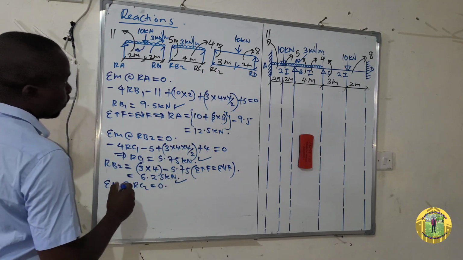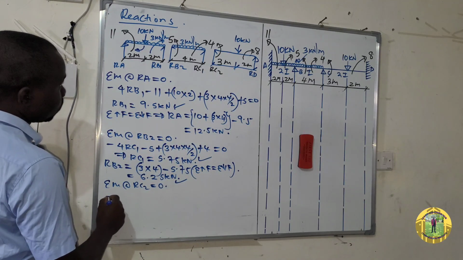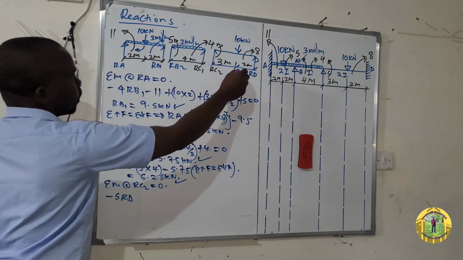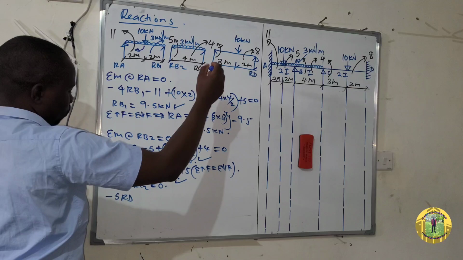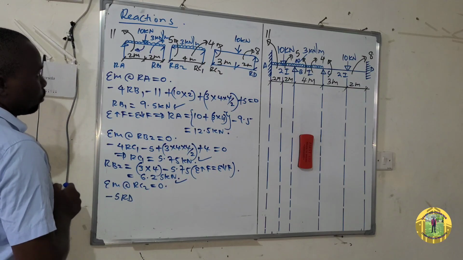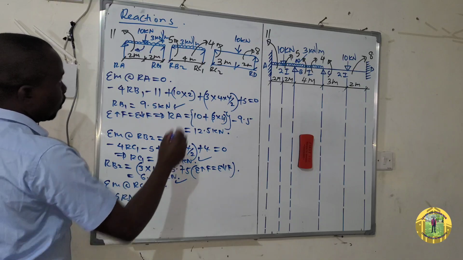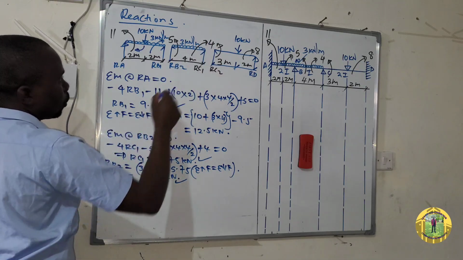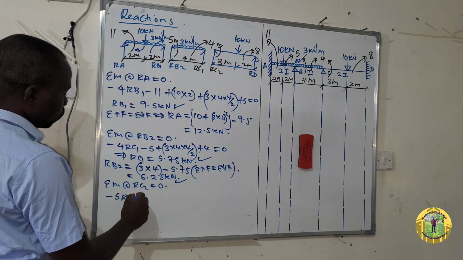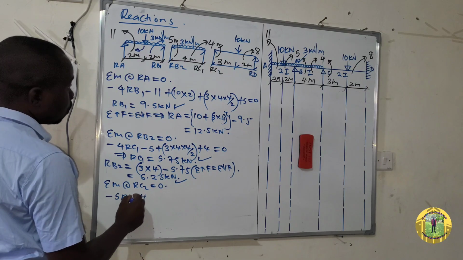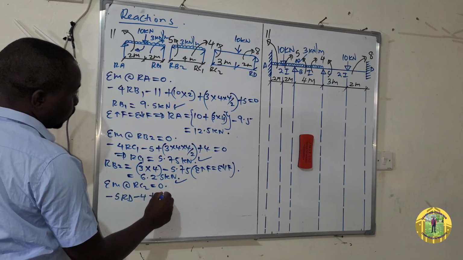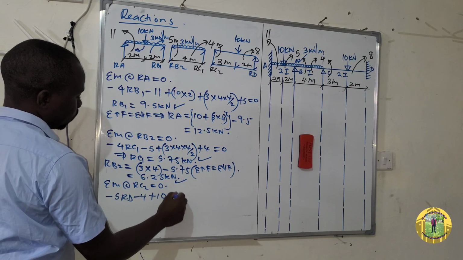This one will be negative 5 RD, because RD is moving in anti-clockwise direction and the distance from here to here is 3 plus 2, which is 5. Then we come to this moment which is in the anti-clockwise direction, minus 4. Then we come to a point load, plus 10 times 3.